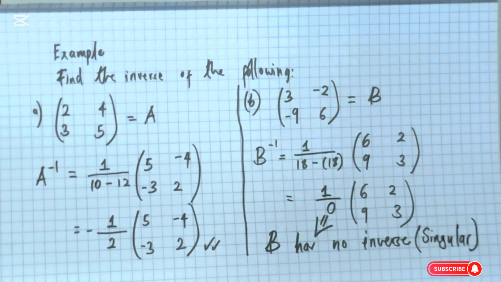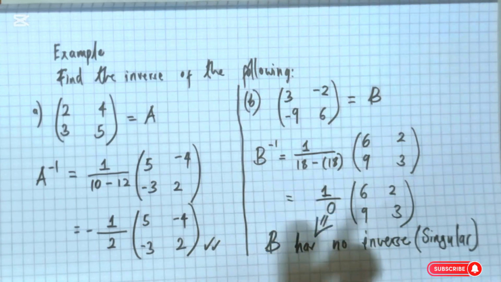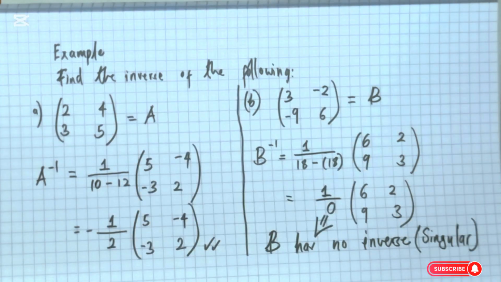So that is what I wanted to introduce you to, the concept of singular and non-singular matrices. A singular matrix, in other words, is any matrix that has no inverse. Anytime you have a matrix that does not have an inverse, we describe that matrix as a singular matrix.